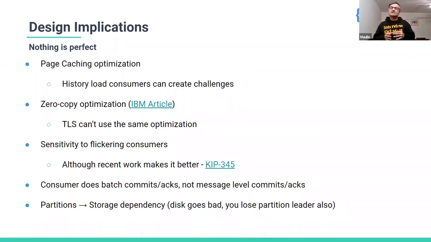That operating system optimization is what Kafka heavily relies on, which means if you have a high throughput use case of hundreds of thousands of messages per second, then you are going to have a certain set of consumer applications which are very fast because maybe they have not a lot to do with the message.